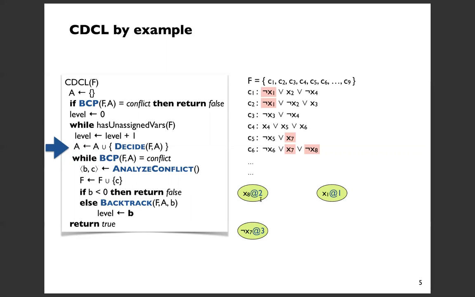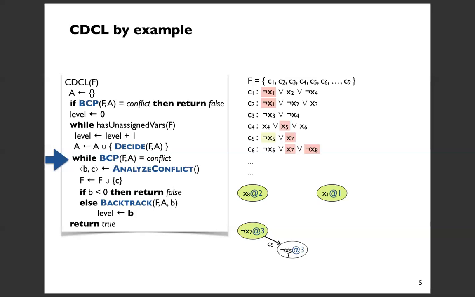This is when BCP kickstarts. Okay, so C5 becomes unit, and as a result of this decision, clause 5 becomes unit and gives rise to this implied decision.